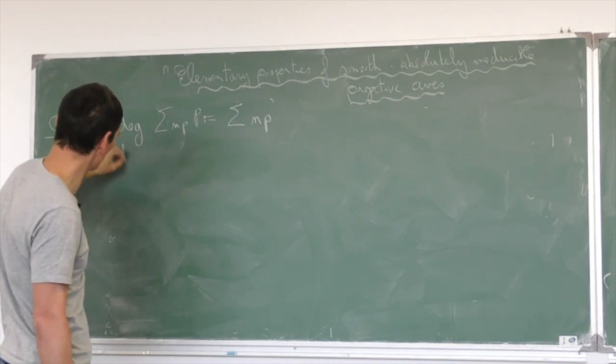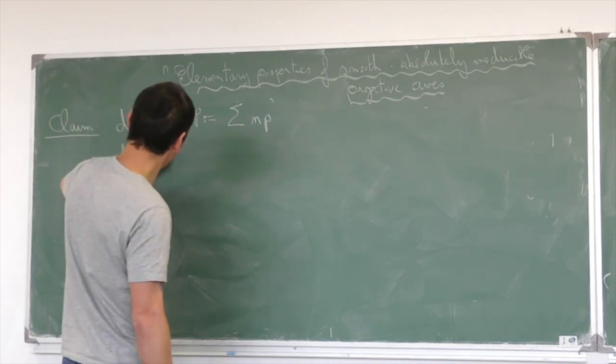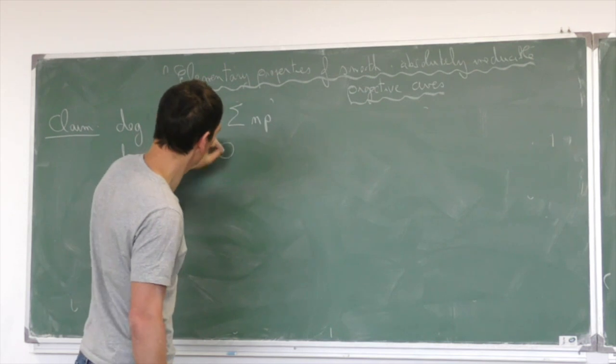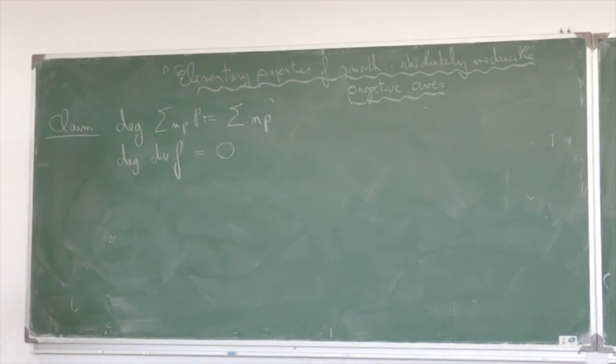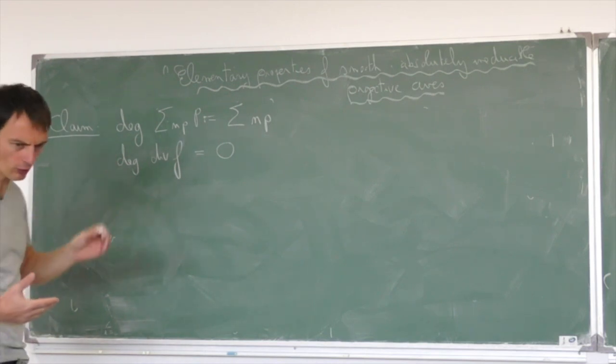The claim is that the degree of the divisor of a function is 0. In a sense, you must think that you have as many poles as you have zeros for a function.